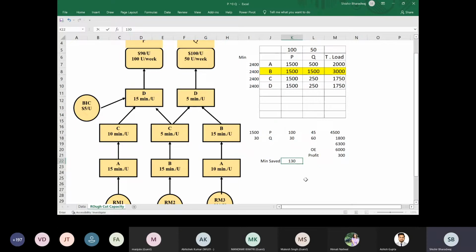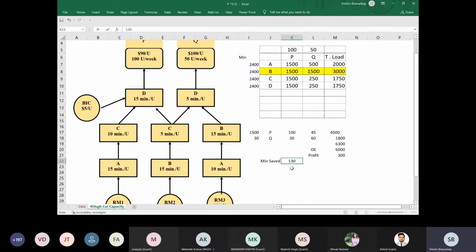Now, if you have 130 extra minutes, what can you make? The total quantity I could have sold is 50 per week of Q. Because of my capacity constraint, I was only able to make 30. So I still have 20 Q that I can make and sell. How much time do I have available now on the constraint? 130.